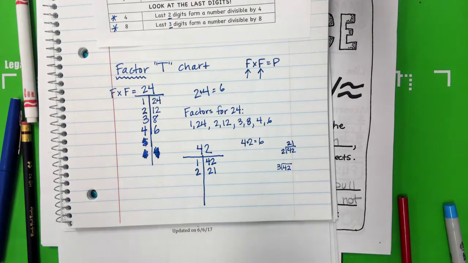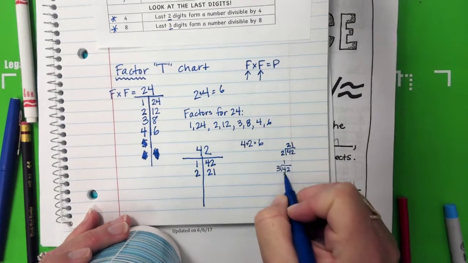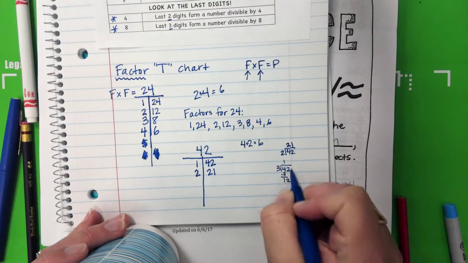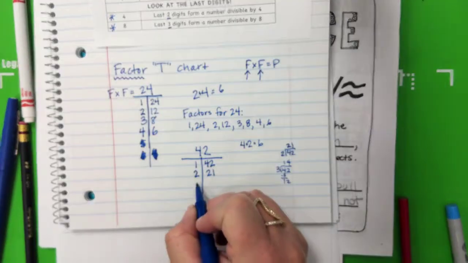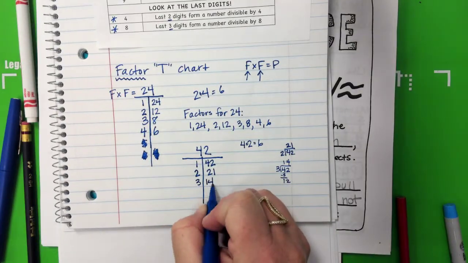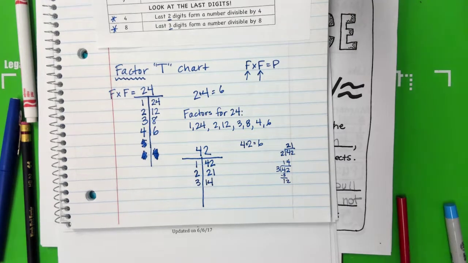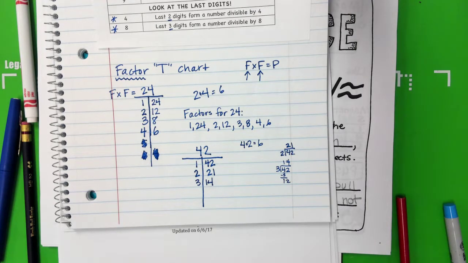Okay, 3 can go into 4 once. 3 can go into 12 4 perfect times. Don't need to continue because I know. So ladies and gentlemen, I know that 3 times 14 is 42. Okay, that's why it's so important with your divisibility rules. You're going to find numbers that you never thought that were divisible by 3.